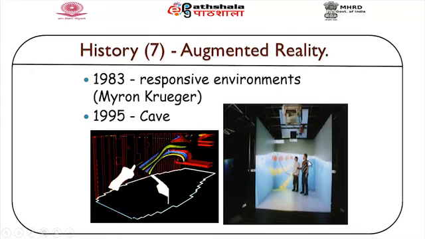So here we can see two people standing inside a room where they are interacting with the system. They can actually feel the system with the help of their hands, and they are also scanned and taken into the system. They will have a feeling as though they are wandering inside the entire atmosphere.